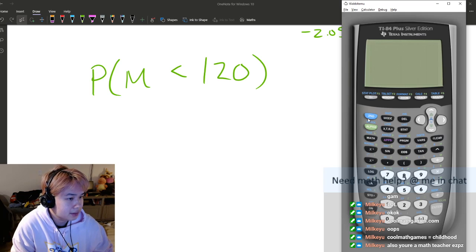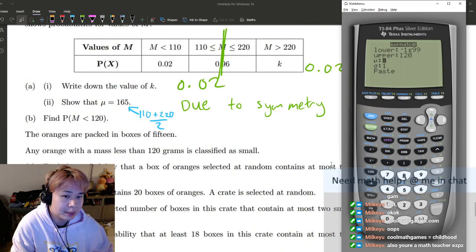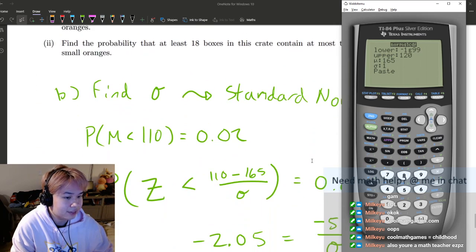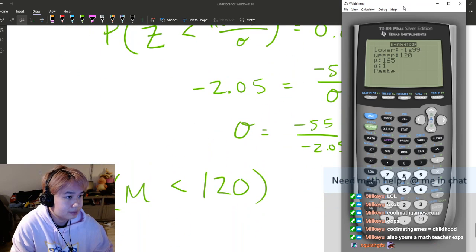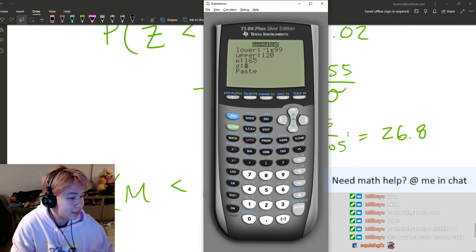Okay, so go to my normal CDF right here, and then my upper boundary is 120. My mean is 165, and my standard deviation, I just found out, is 26.8.